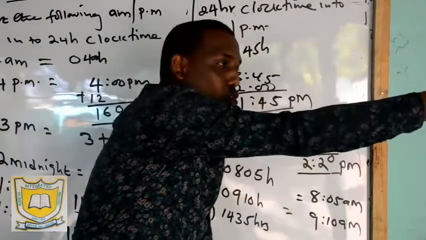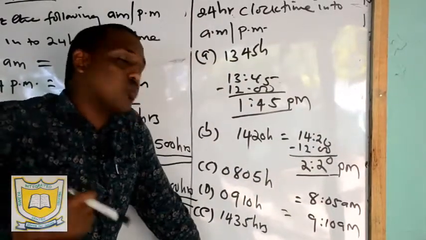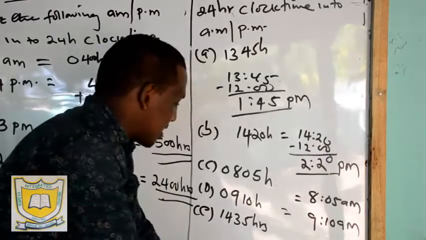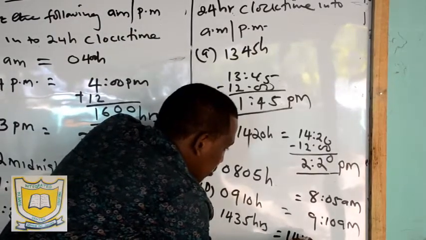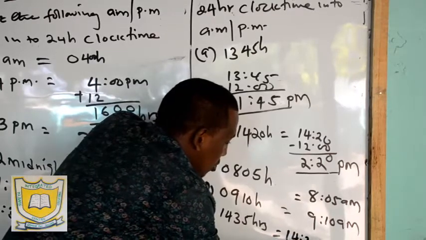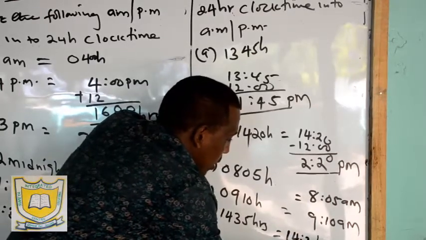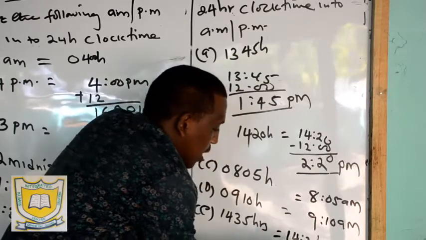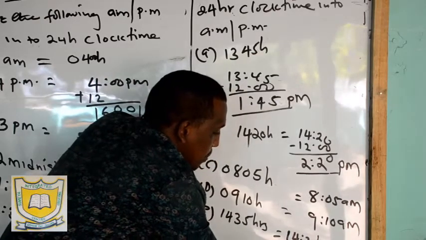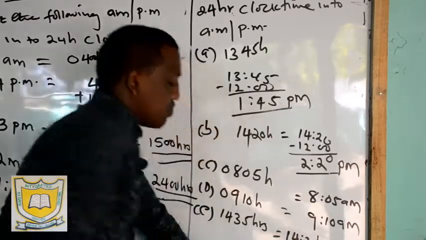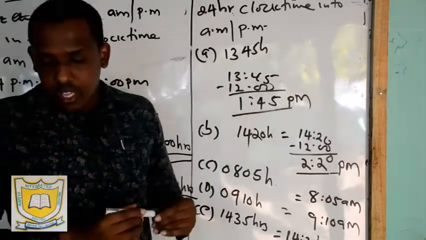Now from the 24-hour clock system back to PM, we subtract 12. So 1435 minus 12 hours: 14 minus 12 is 2. So it is 2:35 PM. That is how we solve.